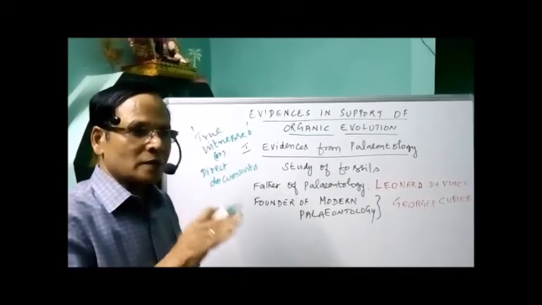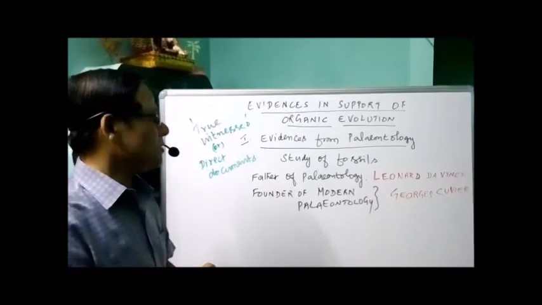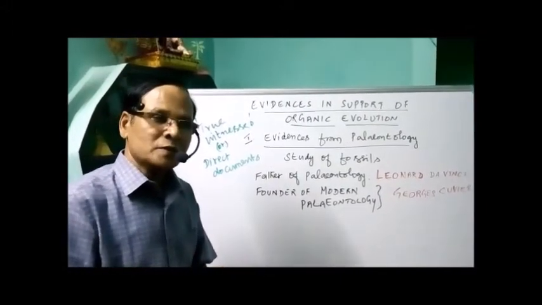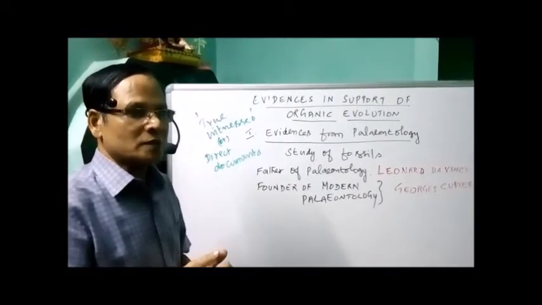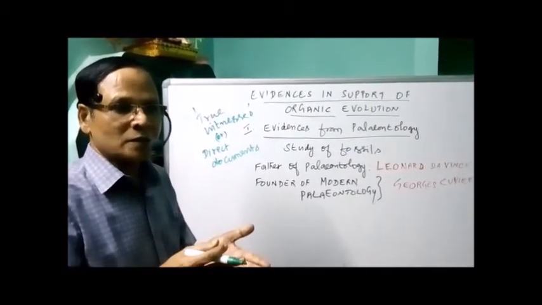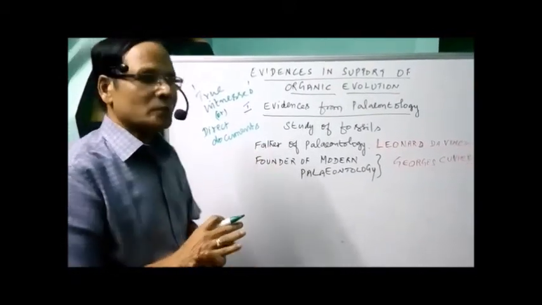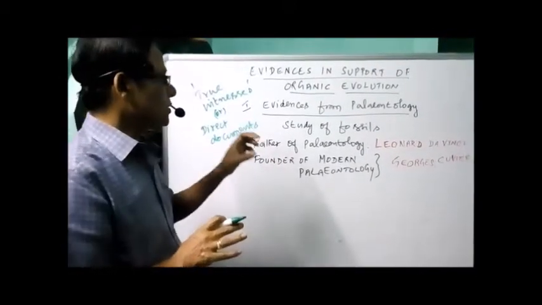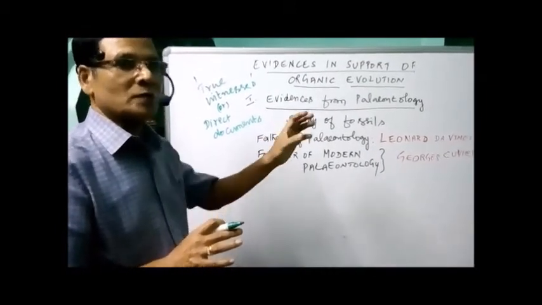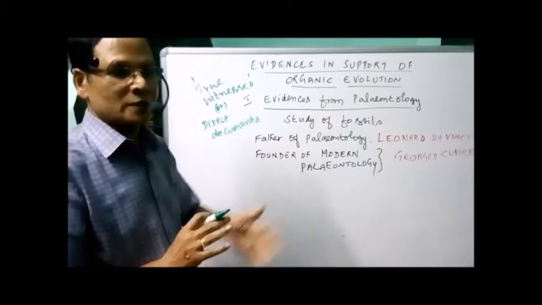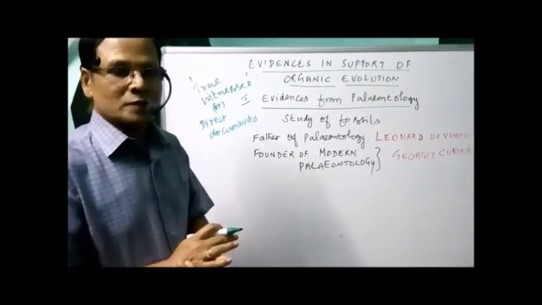Sedimentation means settling of sediments covering the remains in many layers. Sometimes sedimentation is also called mineralization, because in most cases the minerals in the sediments take part in the formation of fossils. That is fossilization, the process of preservation of remains of animals and plants through sedimentation.